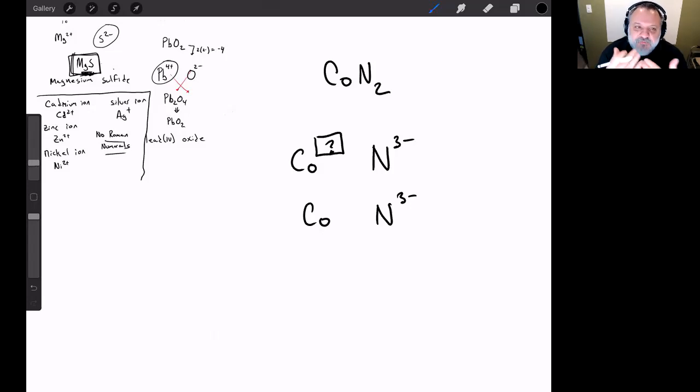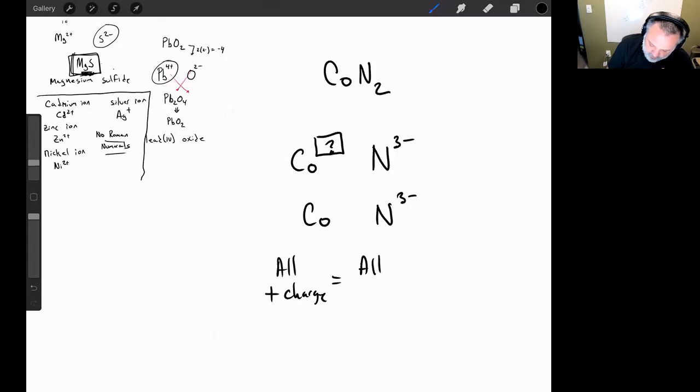What we have to think about is that the charge on an ionic compound is overall 0. It's neutral overall in the net sense. And so all plus charge equals all negative charge. And so if we can figure out one, then we can figure out the other.